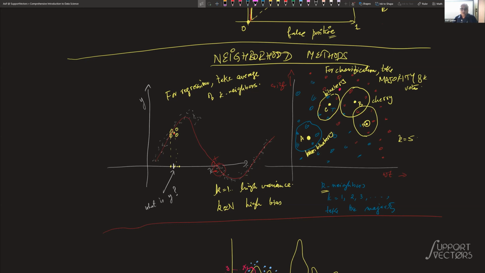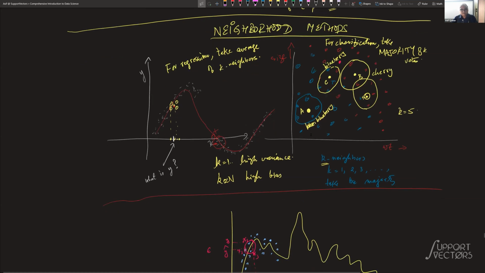Basically, the prediction at every point will be the average of all y values, because k is n, all points are the neighbors, which doesn't help at all. For classification, the same thing holds. The bigger the k, the more biased it becomes. The decision boundary becomes overly simplistic. So that's a bias variance trade-off.